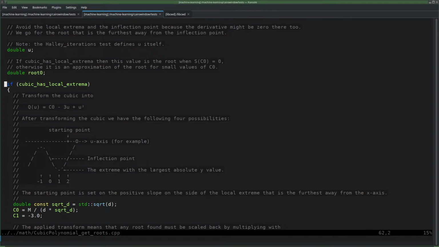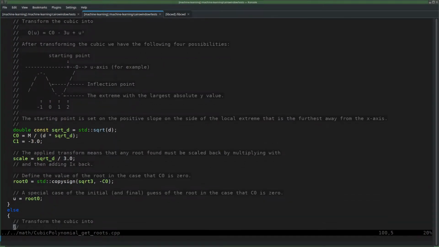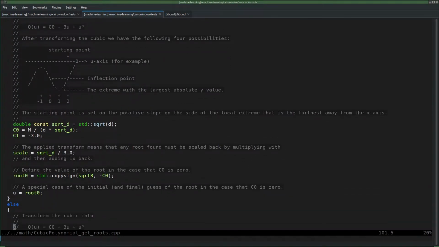So if it has a local extreme, then maybe we have multiple roots. But even that isn't very certain. Does it depend on this? No.